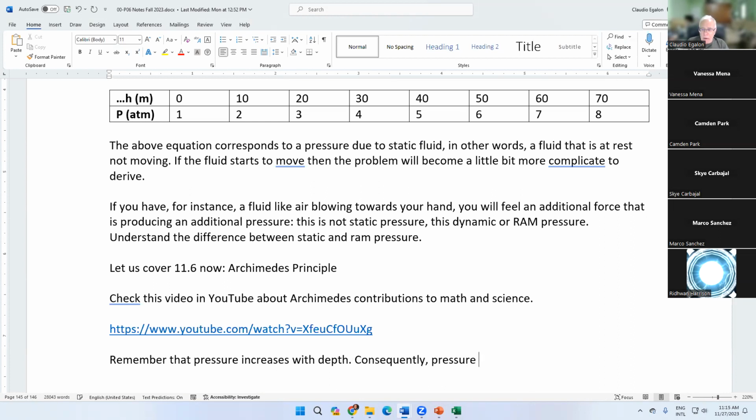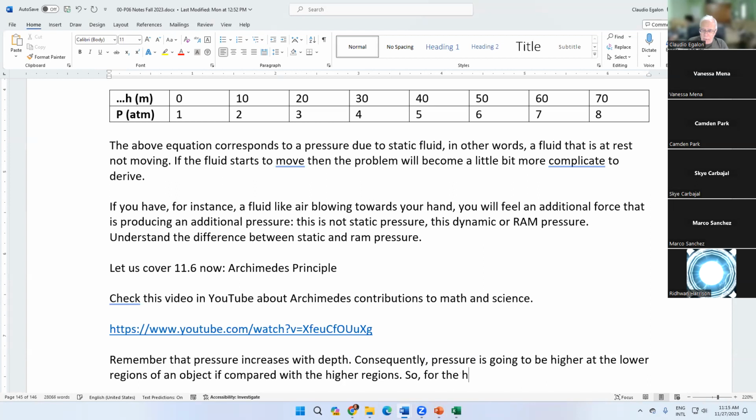Consequently, pressure is going to be higher at the lower extremities, the lower regions of an object, if compared with the higher regions.